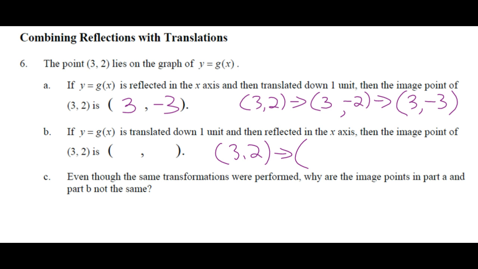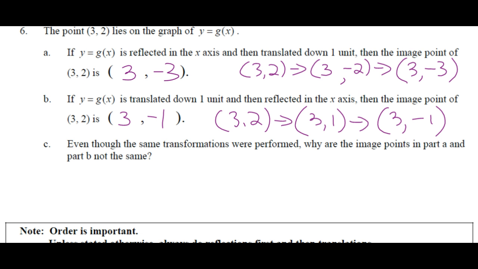So if I translate it down 1 unit, then (3, 2) becomes (3, 1), and then reflected in the x-axis, becoming (3, -1). Then (3, 2)'s image point is (3, -1), right? Which we got to in 2 steps, because I need to do each step separately.